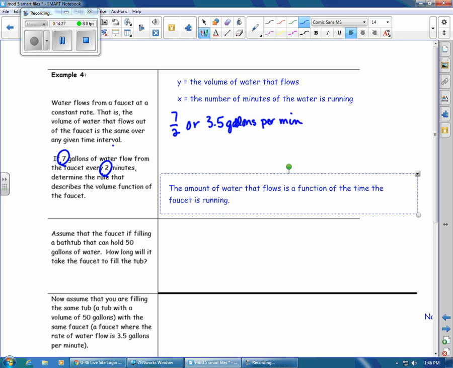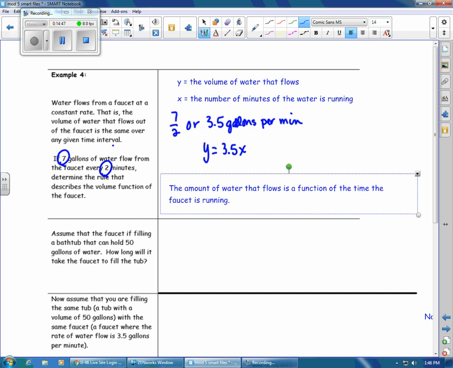If we're writing an equation, it's going to be y equals 3.5x. And again, none of this is new. Hopefully it's not confusing. Now this next part might be a little bit confusing.